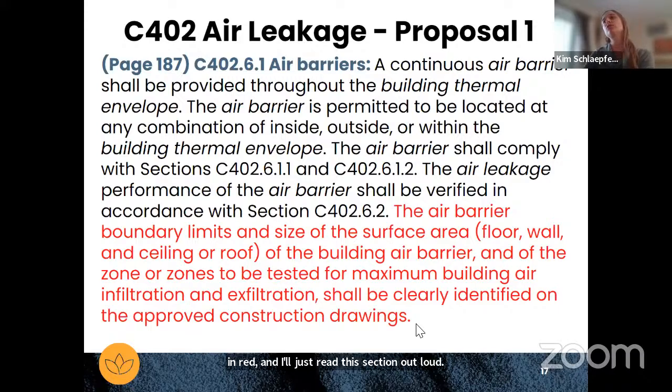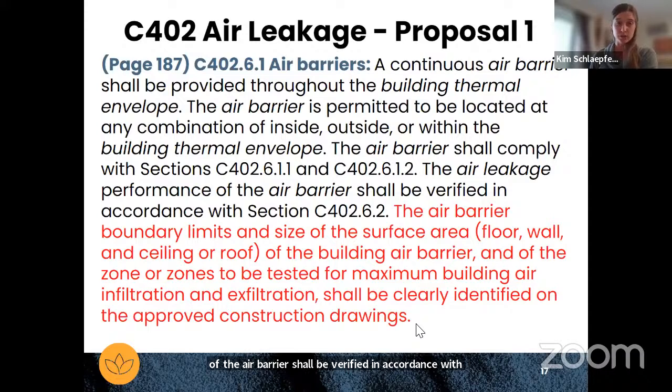So this is section C402.6.1, air barriers. It reads, a continuous air barrier shall be provided throughout the building thermal envelope. The air barrier is permitted to be located at any combination of inside, outside, or within the building thermal envelope. The air barrier shall comply with section C402.6.1.1 and C402.6.1.2. The air leakage performance of the air barrier shall be verified in accordance with section C402.6.2.